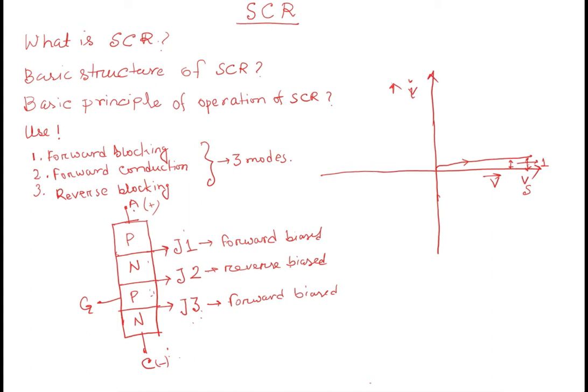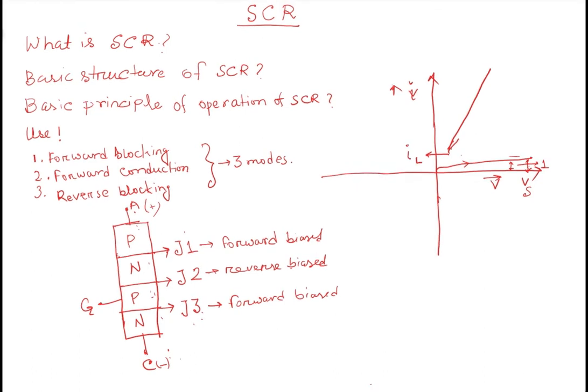Due to this, high current flow starts between anode and cathode. After this certain voltage, current increases sharply. This current is called the latching current. This region is called forward conduction mode, the second region.